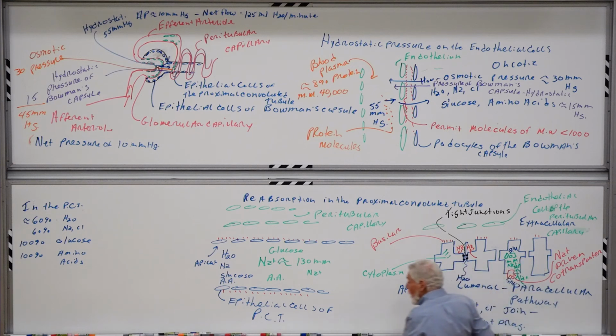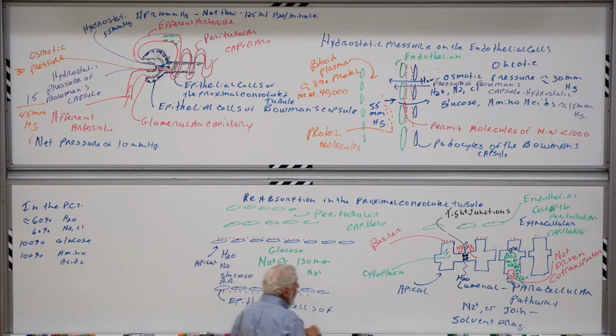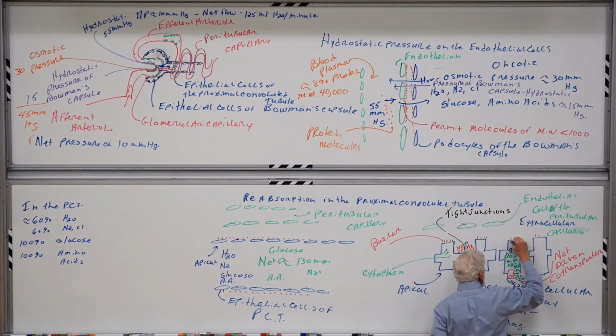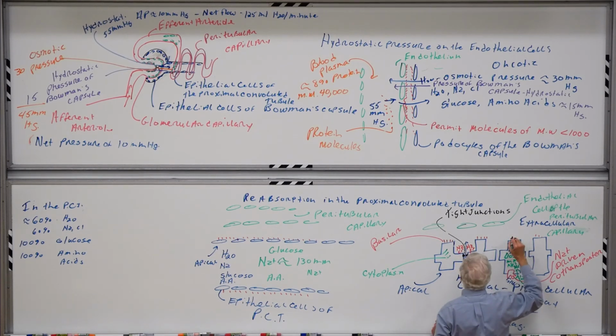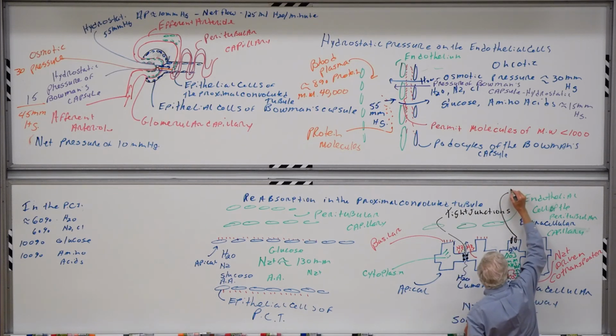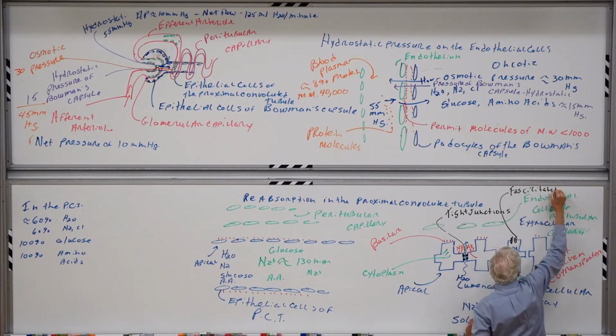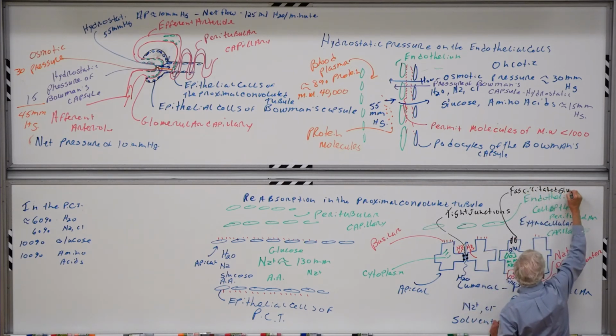Well, it turns out that down here, on the basilar surface, is a transmembrane protein, which is a facilitated glucose transporter.